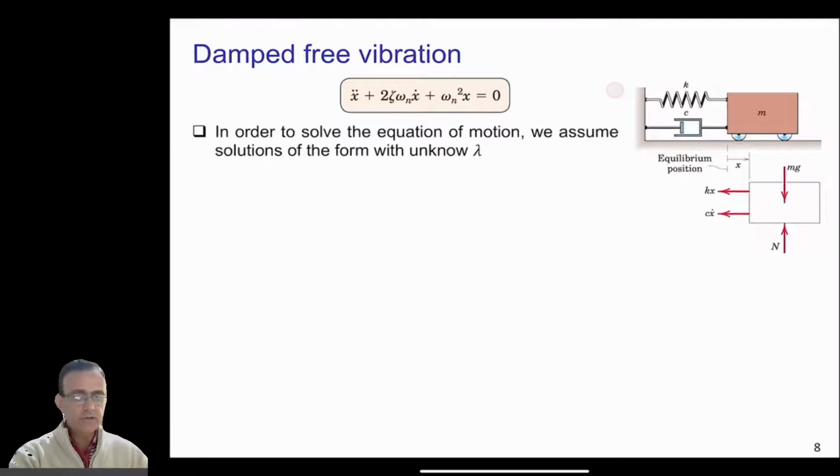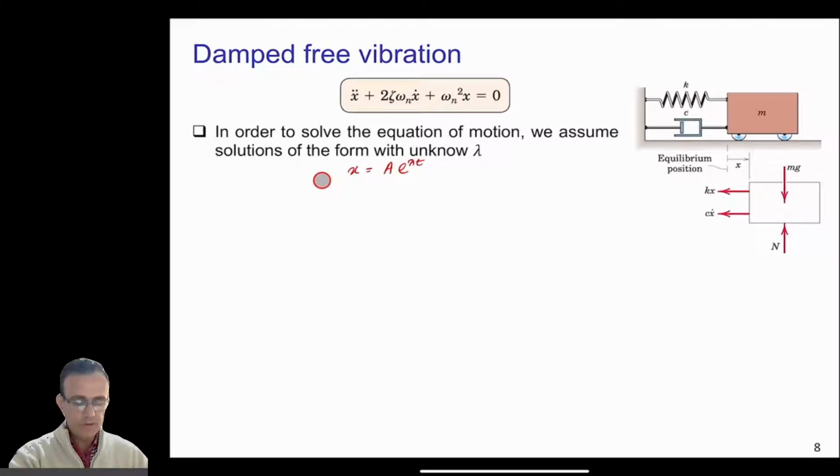In order to solve this equation, we assume a solution of the form x equals A e power lambda t, where lambda is unknown and A is again unknown. We know this from mathematics, that to solve this differential equation you assume the solution is in this form.